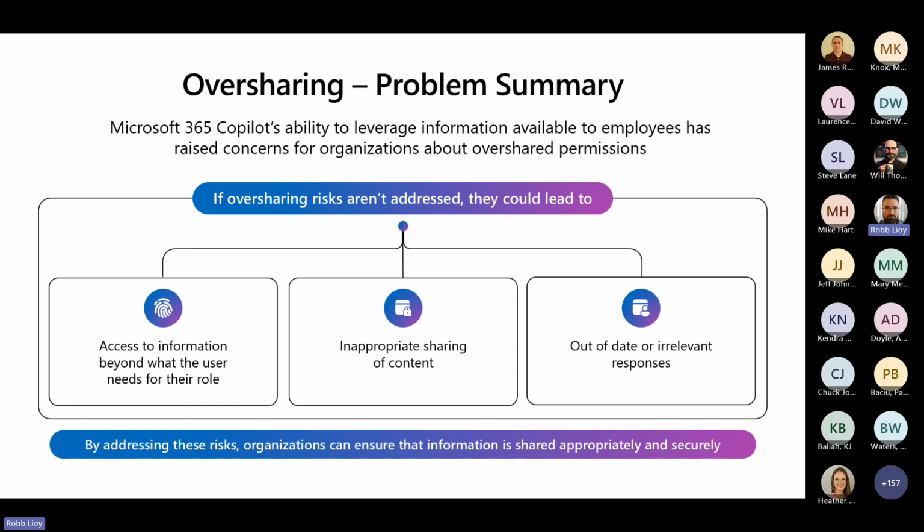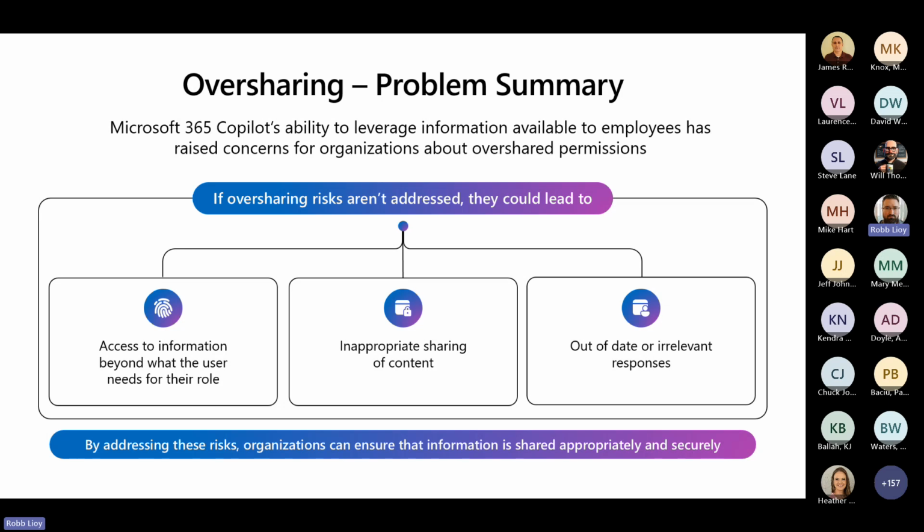Copilot is able to access and leverage information across your tenant. And if you're like me and you've been doing SharePoint administration for a long time, you know that some of these tenants started off as the Wild West. You tried to get them locked down, but then Copilot comes along and you're running the risk of having everything sort of being presented in Copilot.